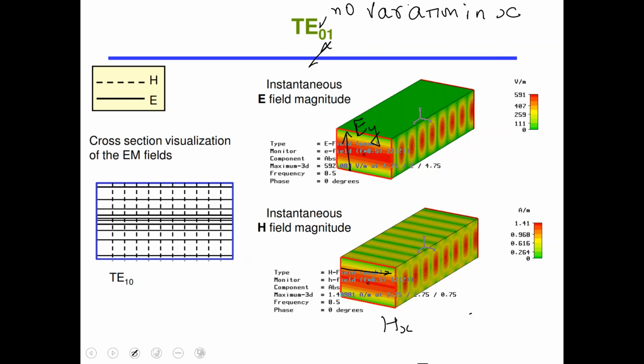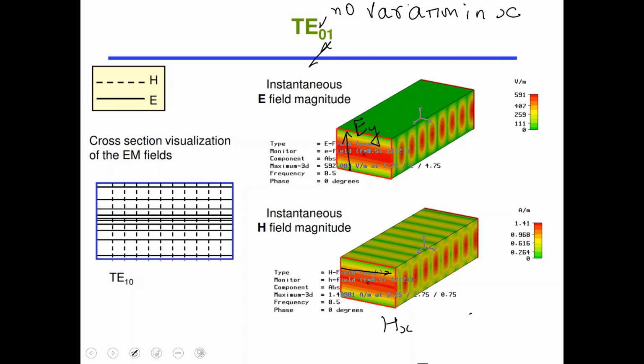And remember, your eigen solutions are also orthogonal solutions. Orthogonal meaning that if I took the overlap integral between the two solutions, it would always be 0. So energy from one solution can never go to the other solution if the waveguide does not change.